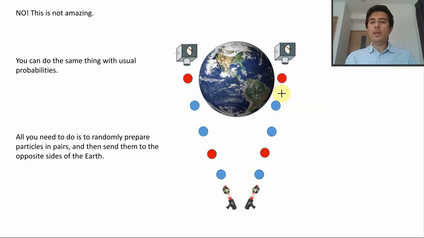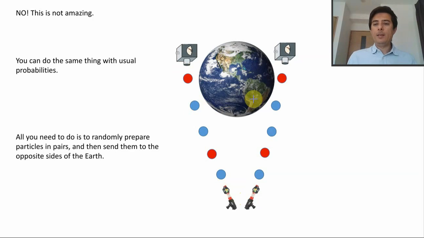Again, they always arrive in pairs. Alice and Bob always get the same colored balls. You never get the result of red ball, blue ball, or blue ball, red ball, because I've set it up that way, so I can always make classically correlated probabilities.